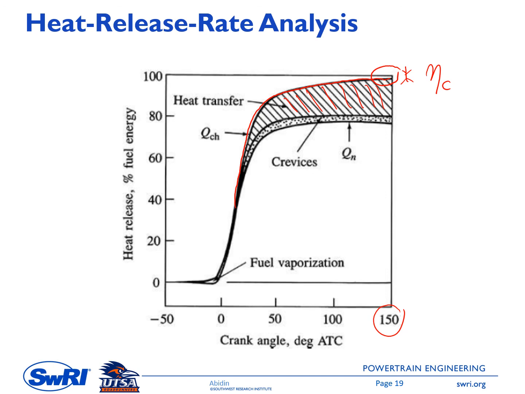The next one is the portion of the heat loss going into the crevice, and then it will go to the crankcase in terms of blow-by. And this line at the bottom here is showing the Q_n. This is the net or apparent heat release rate, so this is the chemical heat release rate minus the wall heat transfer.